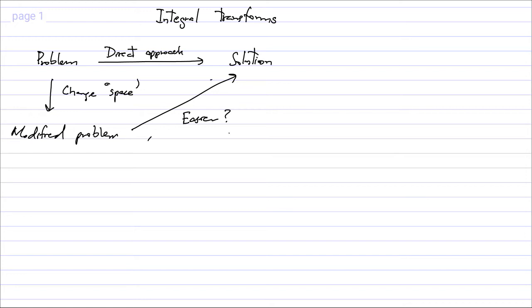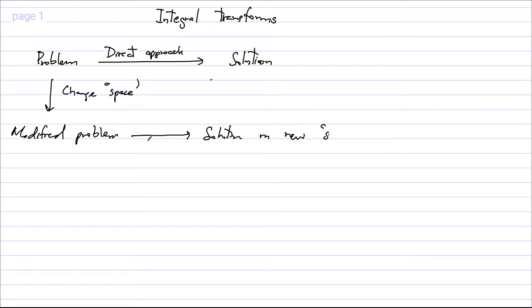Before going on, let me make this clearer because I skipped one step. You have the modified problem, you have your solution in the new space, and then you translate this back to the solution in the original space.